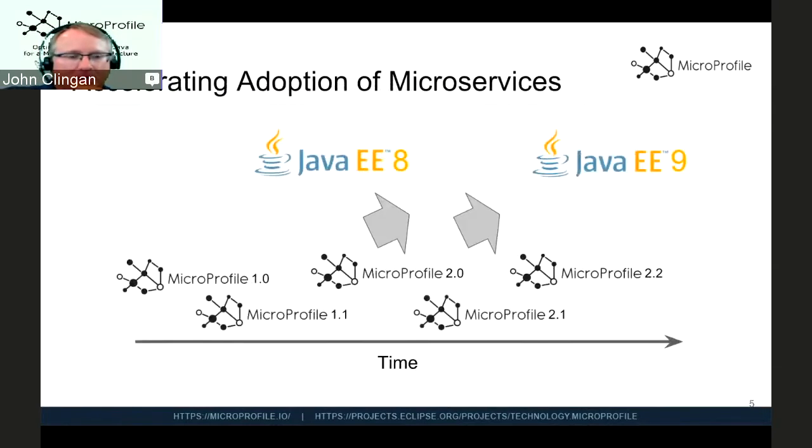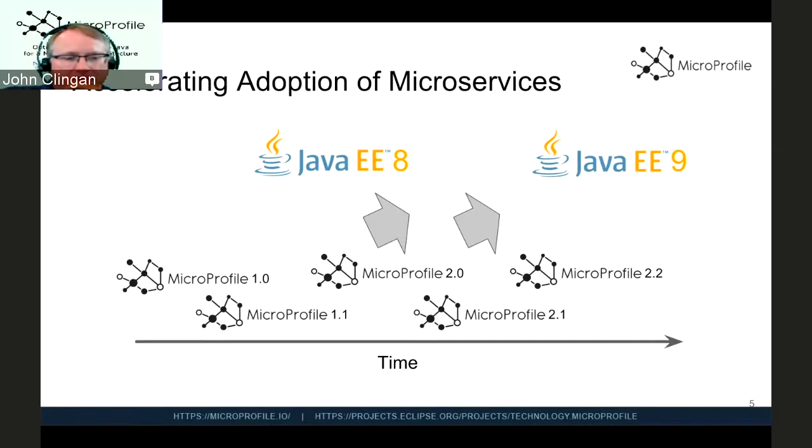But if you look at this next slide, we do want to accelerate the adoption of microservices within the Java EE community. Java EE has basically come to roughly a 3.5 to 4 year cadence in terms of releases. Again, it's because as a traditional platform it's relatively mature, but it's also about standardizing mature technologies.